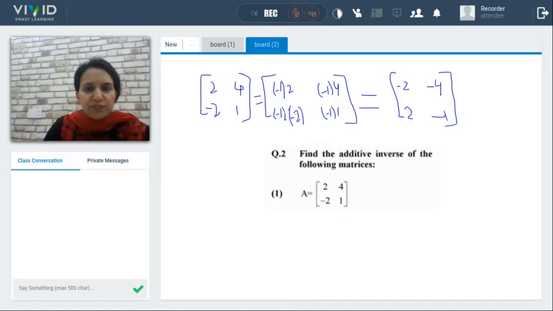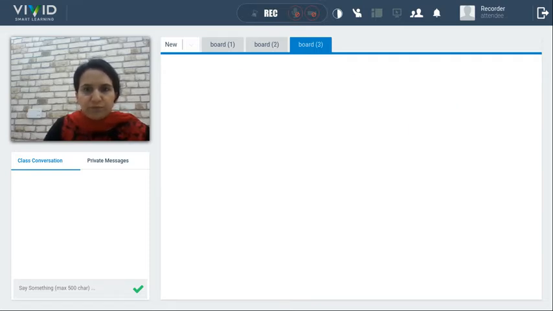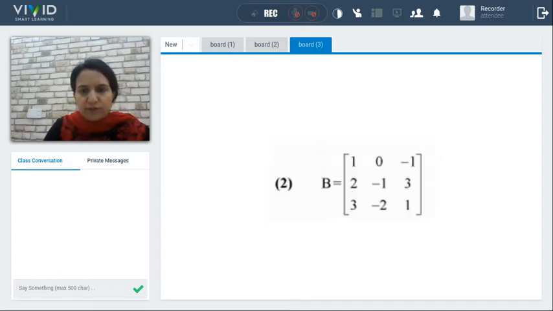We have another matrix with an order of 3 cross 3, that is part 2 of the same question. So here is question number 2, part 2. We have to find out the additive inverse of the given matrix.